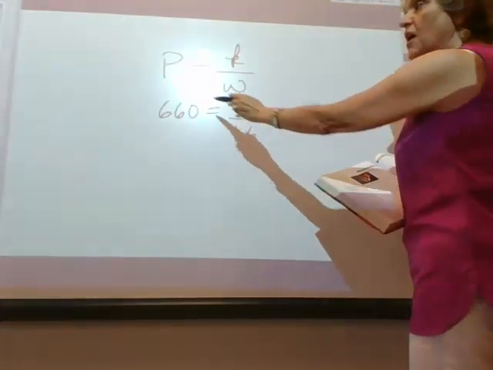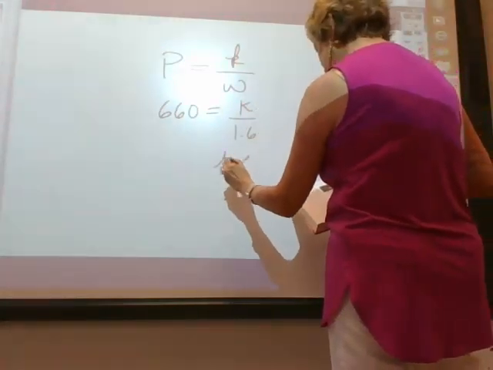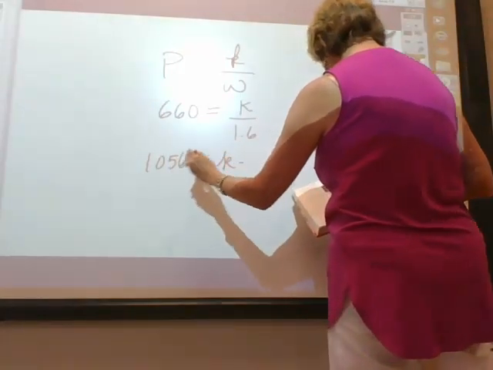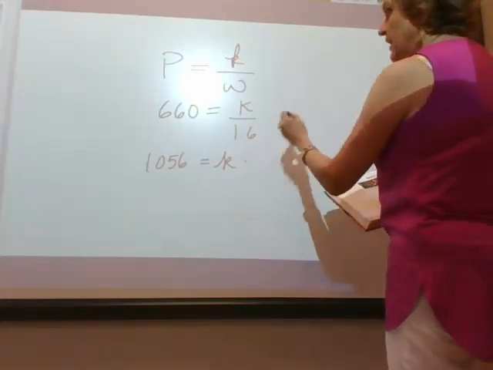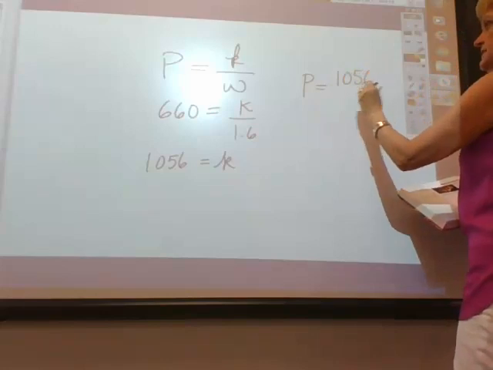So I'm looking for the constant under those conditions. Okay, so my constant will be 1056. So now I'll say that P equals 1056 over W.